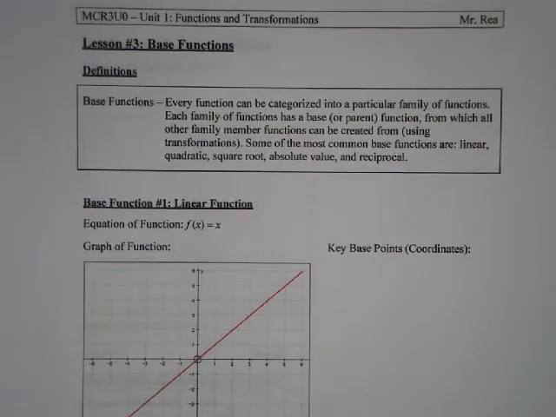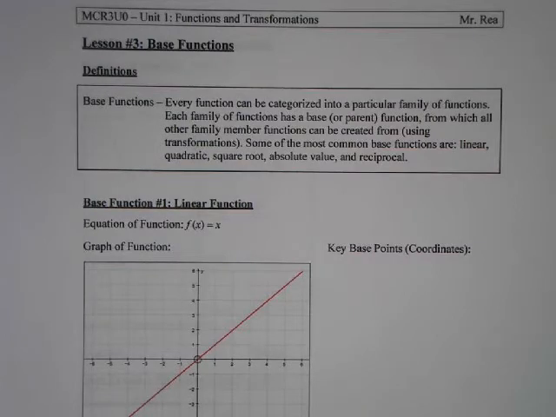It's called base functions. We're going to be looking at 5 base functions, which you could call a parent function that you could apply all sorts of transformations to create a whole family of that type of function.